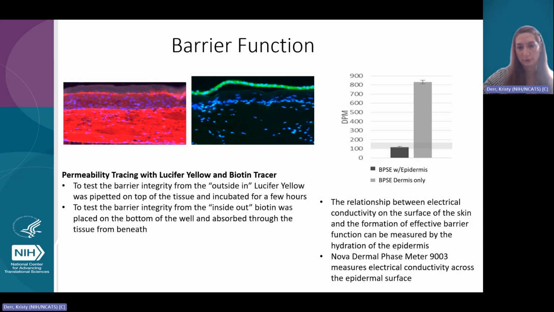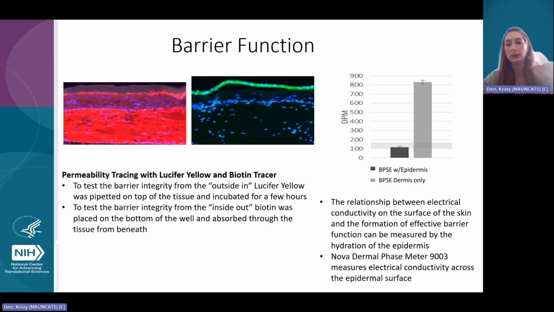And then off to the side, you'll see electrical impedance, which basically just measures the dryness of the surface of the skin. We've compared our full thickness skin tissue to a tissue without epidermis, and we've compared it to human skin as well. And the DPM, or dermal phase meter, is right around what normal skin measures.